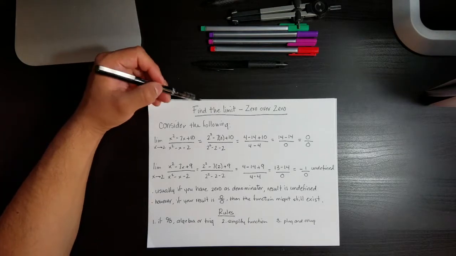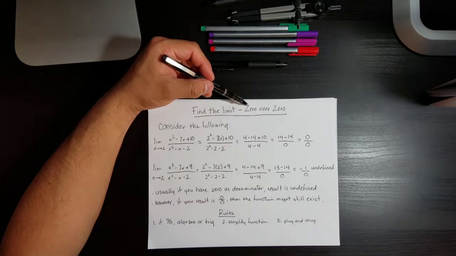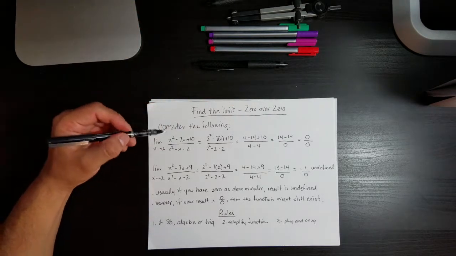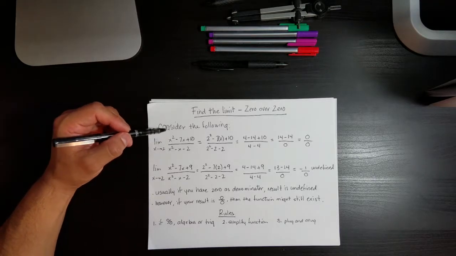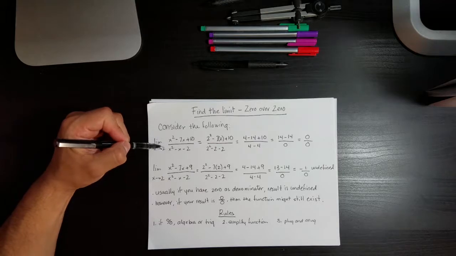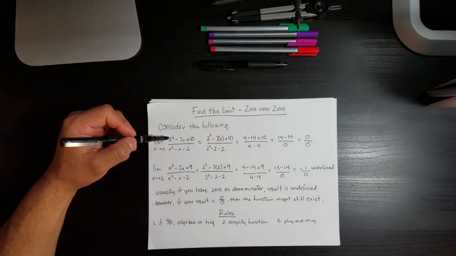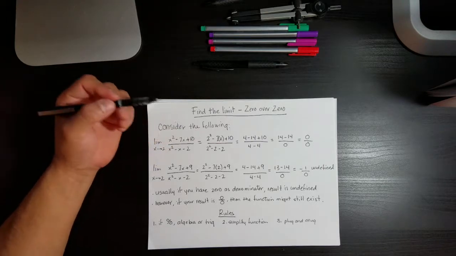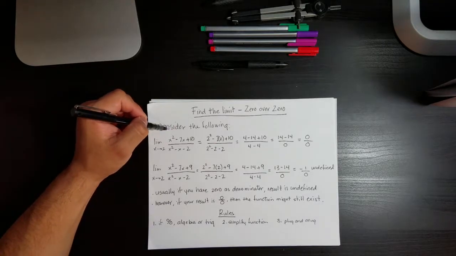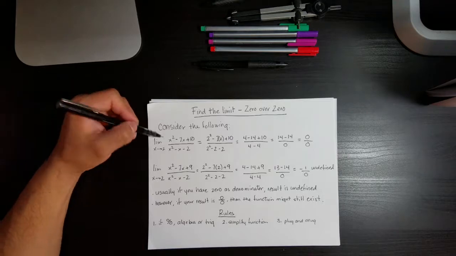In this video, we're going to find the limit when your result is 0 over 0. In the previous video, we were looking at limits, and with your basic plug and chug, you usually get a defined number. In this case, we will consider the following.